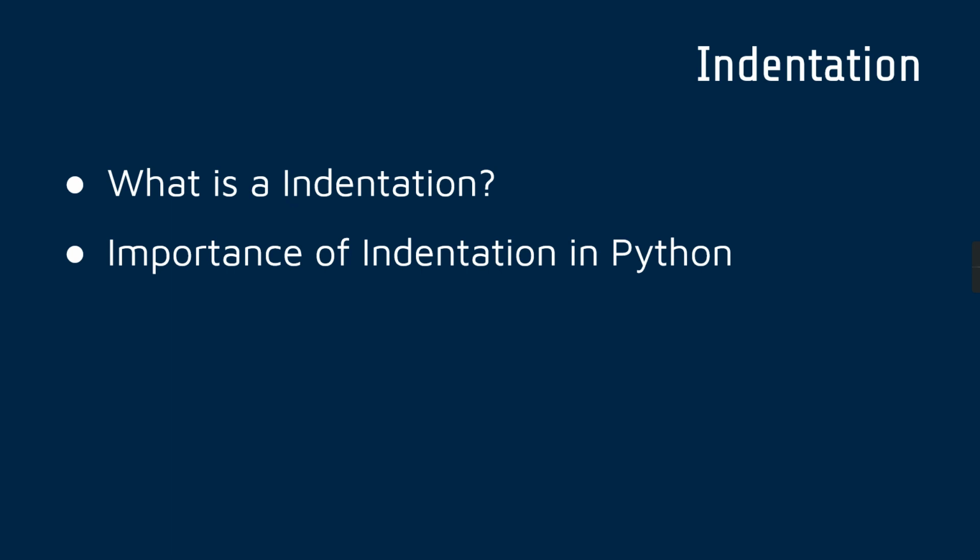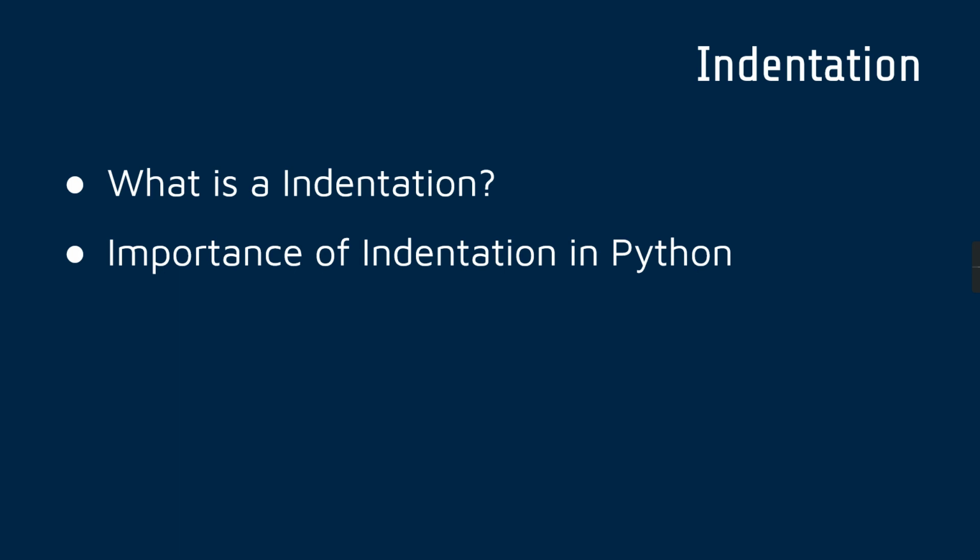So you have to be very careful when you're using white spaces in Python, because when we use indentation, we are basically telling Python that this particular set is a set of code. So in Python, indentation has a start and an end.